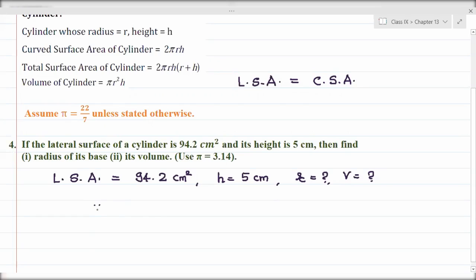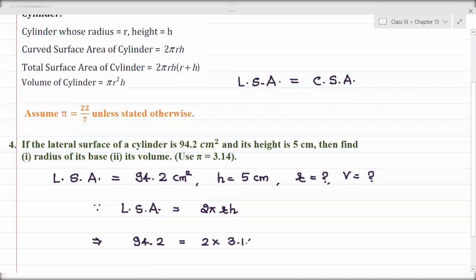So now let us proceed with the lateral surface area of the cylinder. You know that lateral surface area is curved surface area. Both are the same, only the names are different. So the formula we have is 2 pi r h. Now what is the value of lateral surface area given? 94.2 is equal to 2 into the value of pi.